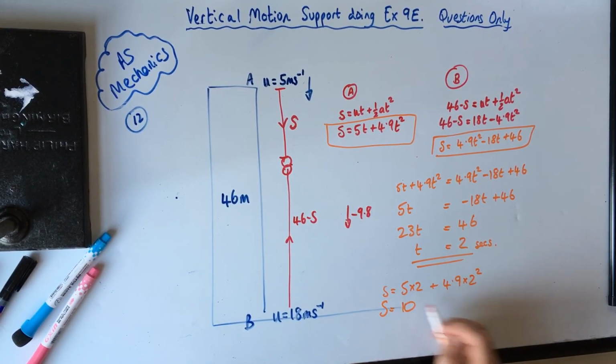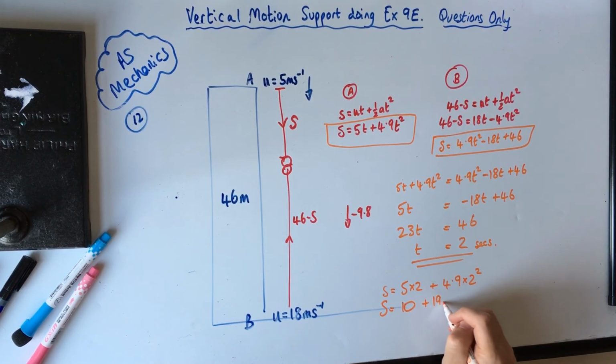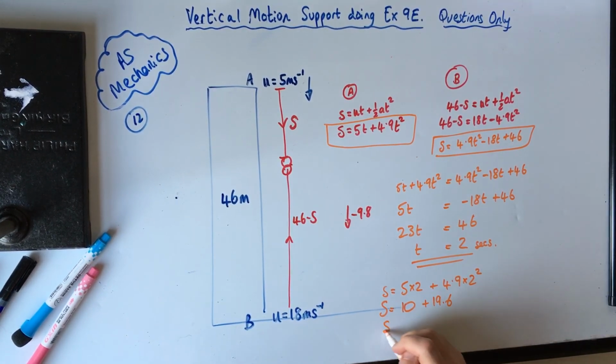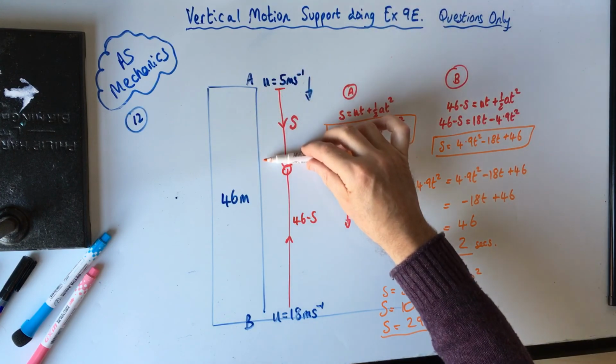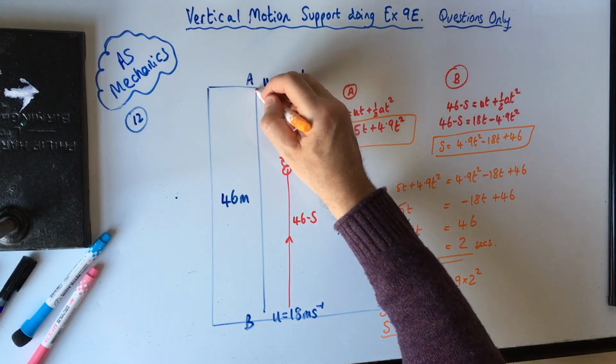So S is going to be 10 plus 4.9 times 2 squared, which is 19.6. So they collide at 29.6 meters. Remember, that is from A, so it's down 29.6 meters.